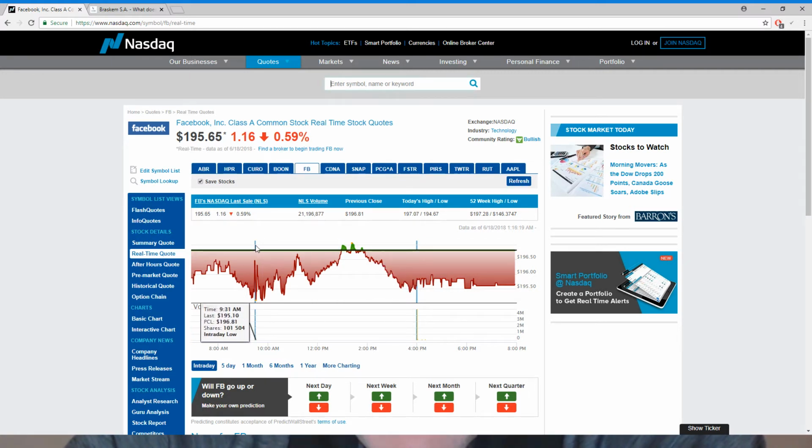From this blue vertical line you see the beginning of the day, and here it's 4 o'clock. All this is one day. After the one day, after 4 o'clock, it begins what we call after hours. If you move your cursor like this, I give you this information.